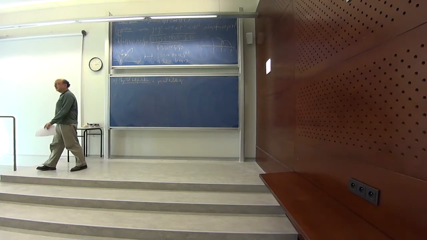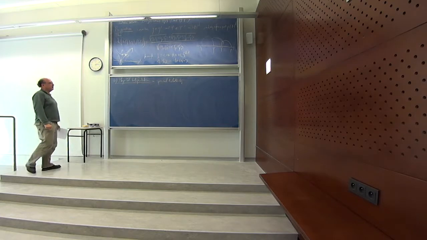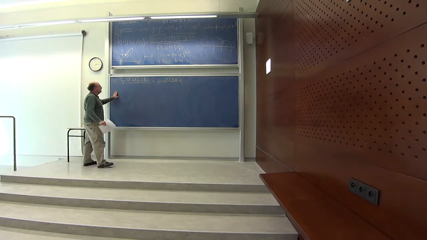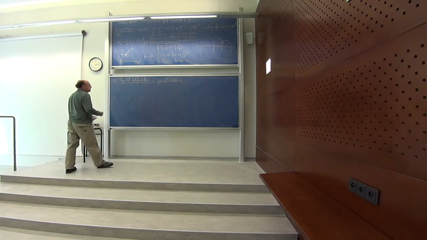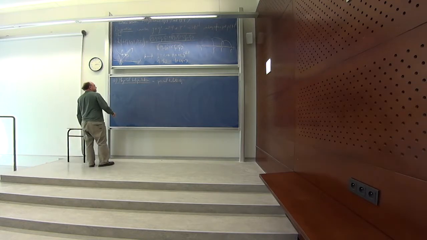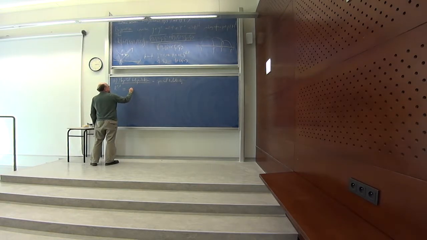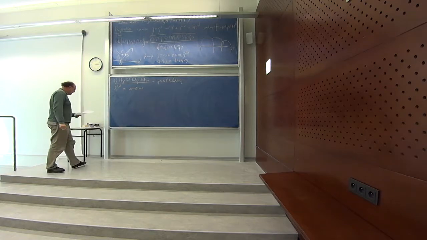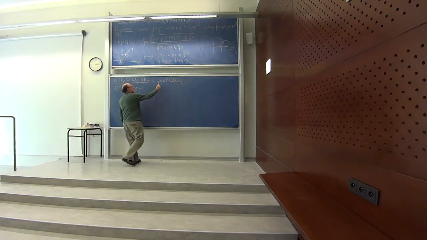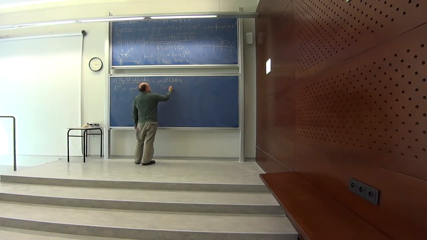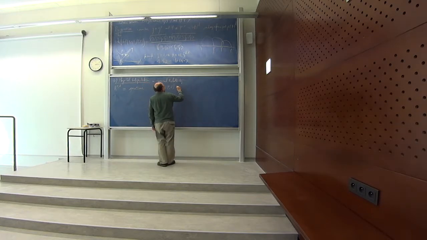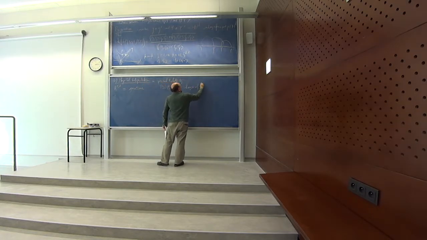Since, of course, the Minkowski space is the framework for special relativity. And then the Minkowski space will be seen as the space-time. And the isometries are the change of frame.